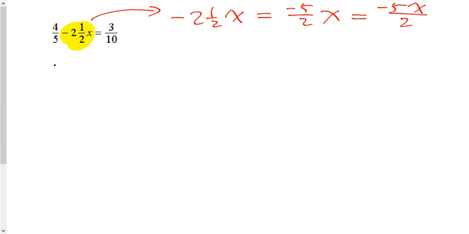If you understand all of this, it might be best to write it as the third one. So when I write it, I'm just going to put 4/5 minus 5x/2. I shouldn't have put that negative sign there because it's part of the subtraction. Equals 3/10.